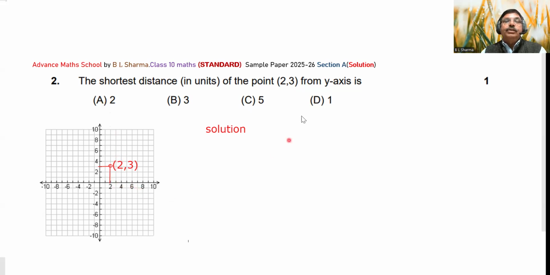If the question had been about the distance from the x-axis, this is the x-axis and the distance is this, which is 3.